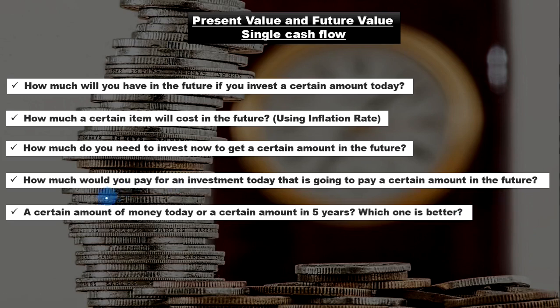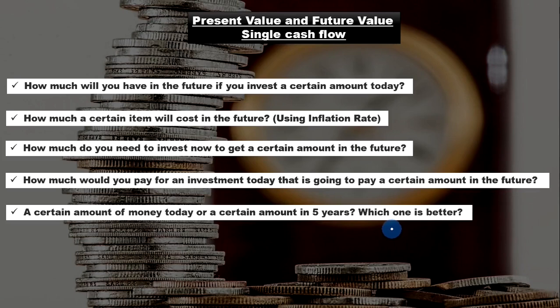And the last one, which is a combination of present value and future value question, is that a certain amount of money today or a certain amount of money in 5 years, let's say. Which one is better? So how can you decide? Let's say you're offered $500,000 today or $800,000 in 5 years, right? Which one should you choose?